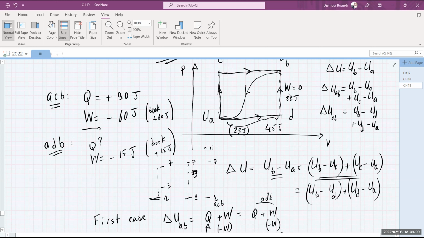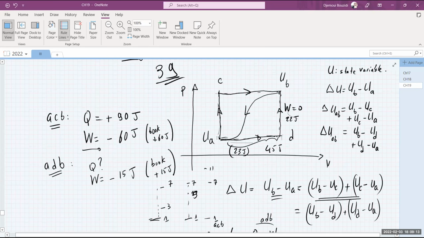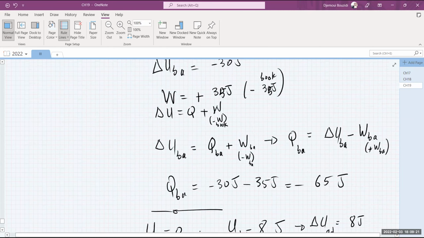Because delta U is 0. So we're left with 45, because its entire section is 45. We calculated it earlier to be 45 joules. So we're left with this section being 45 minus 22, which is 23 joules.